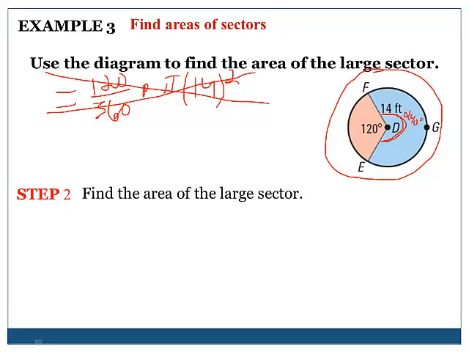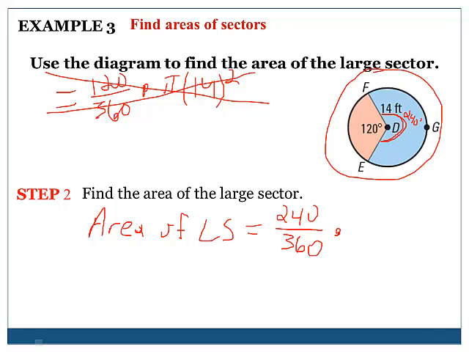Now, the correct way to set this up would be to say the area of LS, large sector, is equal to 240, because that is our central angle here, divided by 360, multiplied by the area of a circle, which is pi times our radius, 14, squared.